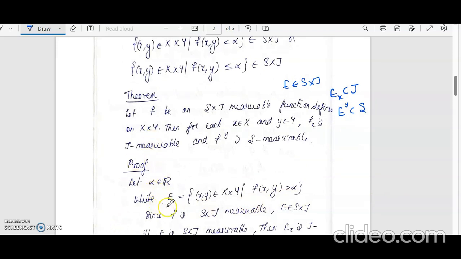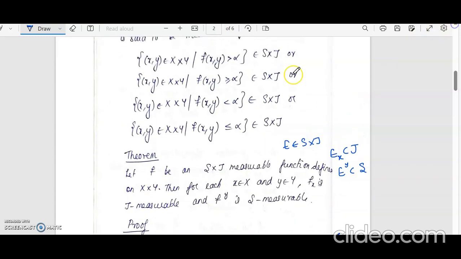So consider an alpha belongs to R. I will define E as the set of all xy belongs to x cross y such that f of xy is greater than alpha. So we are going to apply this result. So for that I will define the set E to be this way. Now since the function f is S cross J measurable, E will belong to S cross J. This is the condition for a function to be measurable: if f of xy is measurable, it will satisfy this condition. So this will belong to S cross J.